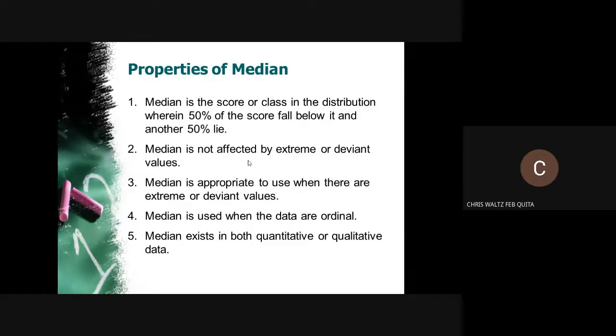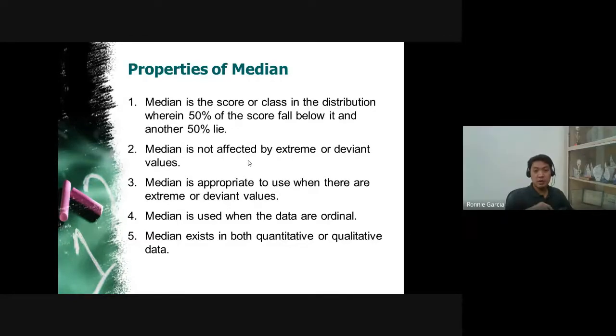Number 2. Median is not affected by extreme or deviant values. Very good. As you remember earlier, the mean is affected by deviant or extreme values, but the median is not affected. Why is the median not affected? Even if a score is raised or lowered, it is not affected. Indeed.